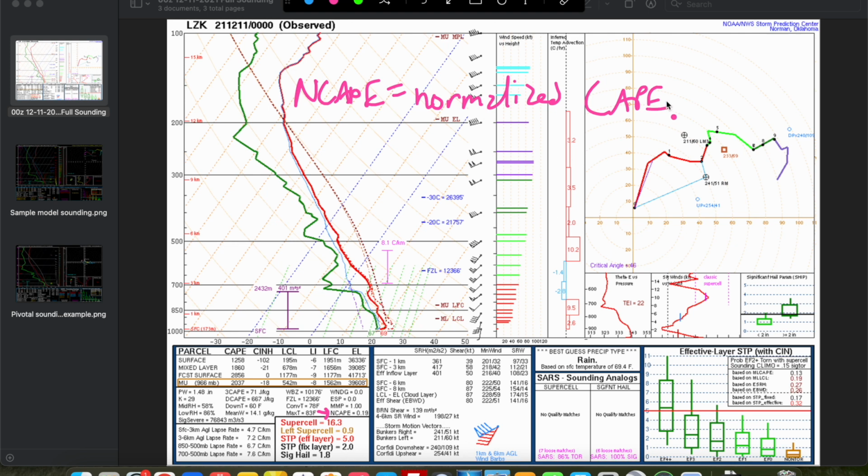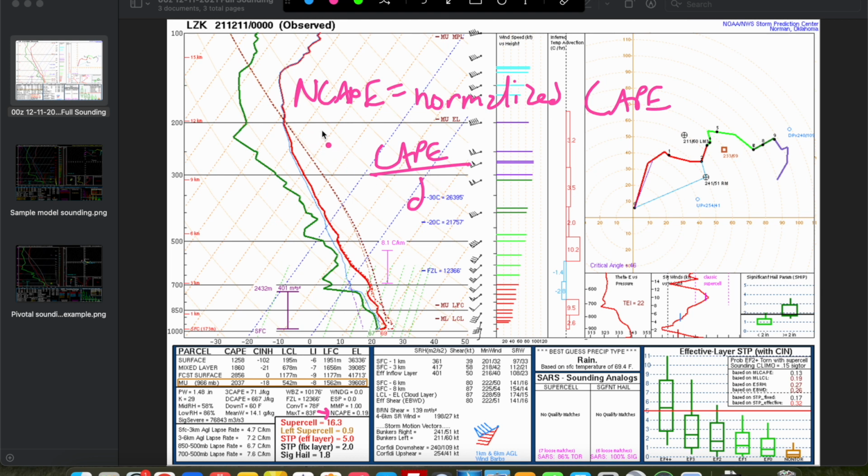And we basically take the CAPE and we divide it, or normalize it, by the depth of the buoyancy layer. So we basically see how high in the atmosphere the buoyant layer extends, and we take our CAPE. You can use any one of these parcels, and we divide it by that depth of the buoyancy layer, which I'll abbreviate as D here.